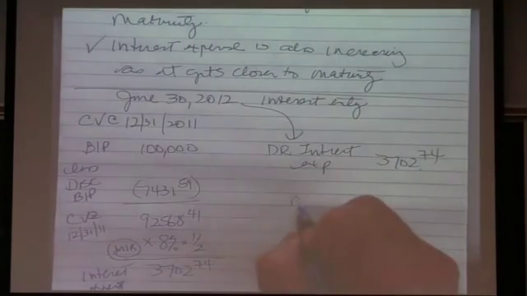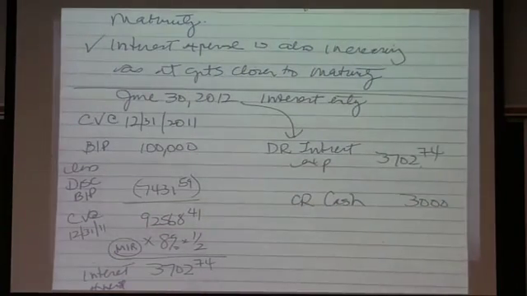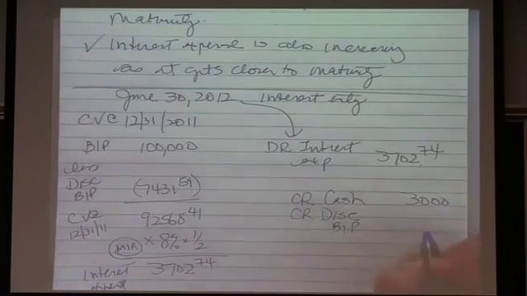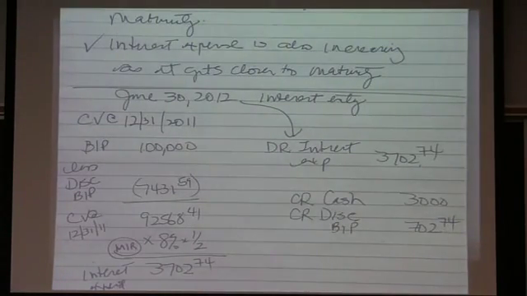We're going to credit cash always at 3,000, because remember, the stated rate is what dictates the amount paid, and the credit is discounts on bonds payable. And you notice that the amortized discount is, of course, getting larger and larger as it gets closer to maturity.